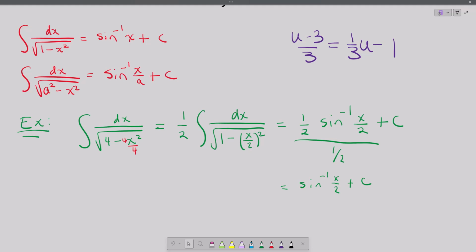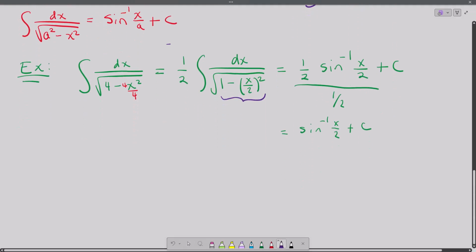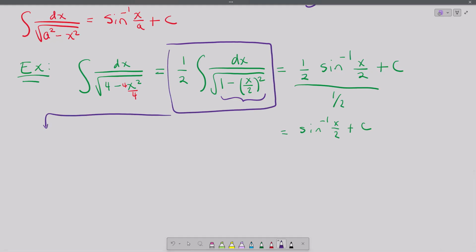But the interesting thing is that even if you forget that this is inverse sine, all you need to know is that when you see a difference of squares with a leading one, you can use trigonometric substitution right here. If you just forget or don't notice that it's inverse sine, you could go right to the answer.